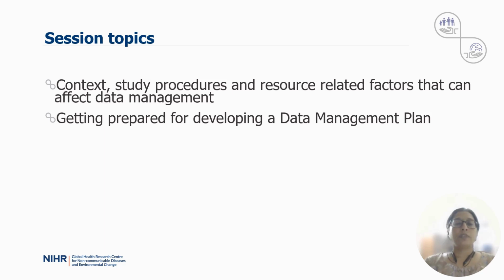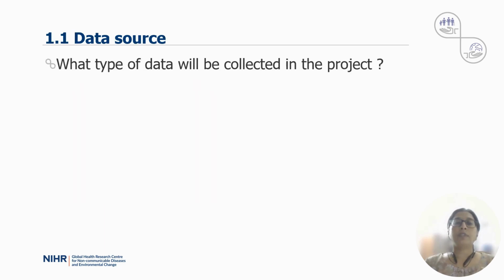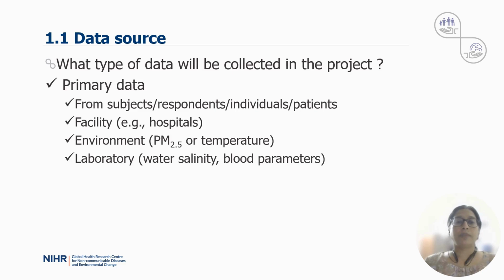So let's discuss the factors which might impact data management. The first aspect is the data source. You might want to think about what type of data we will be collecting in the project. Most of the time it's primary data, and these data can come from respondents who are either in the hospital or in the community or in certain institutions.